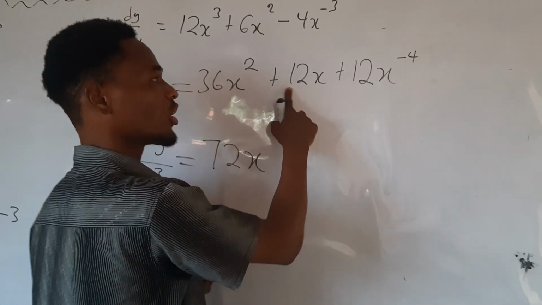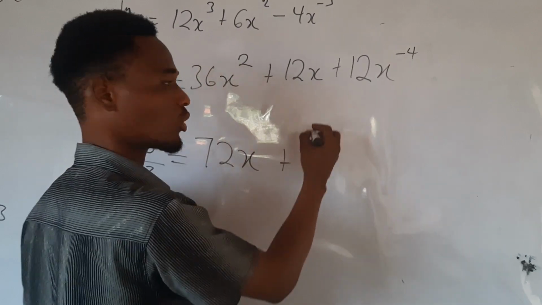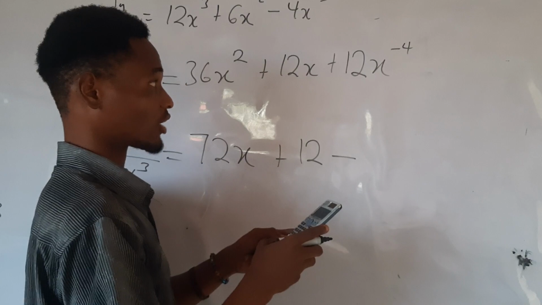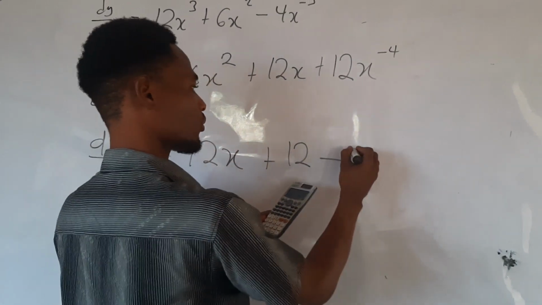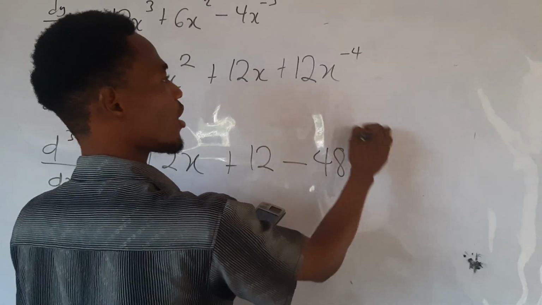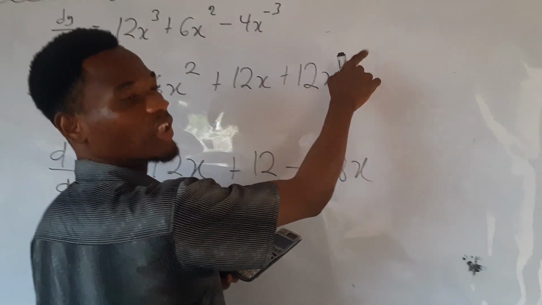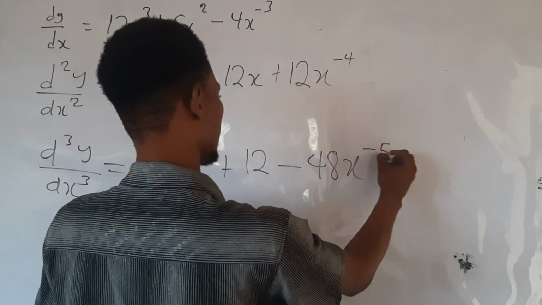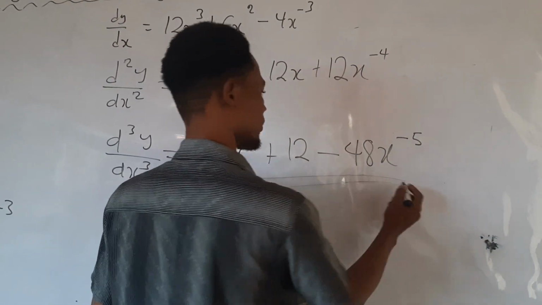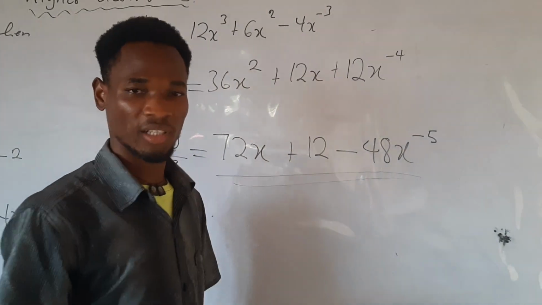Then plus, when you differentiate 12x, you get 12, then minus 12 times 4, according to my calculator, I'm getting 48x. The power is negative 4, so negative 4 minus 1, you get negative 5. So this is the end of the lesson. Thank you.